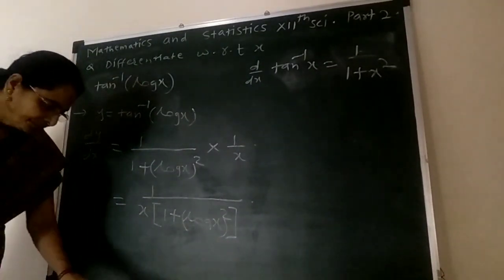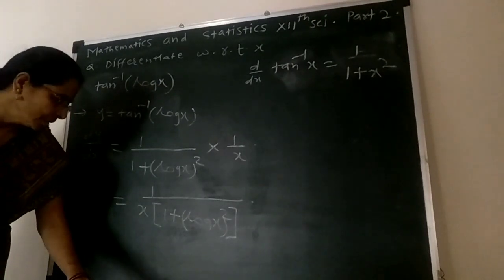This is the answer, 1 upon x (1 plus (log x) square).